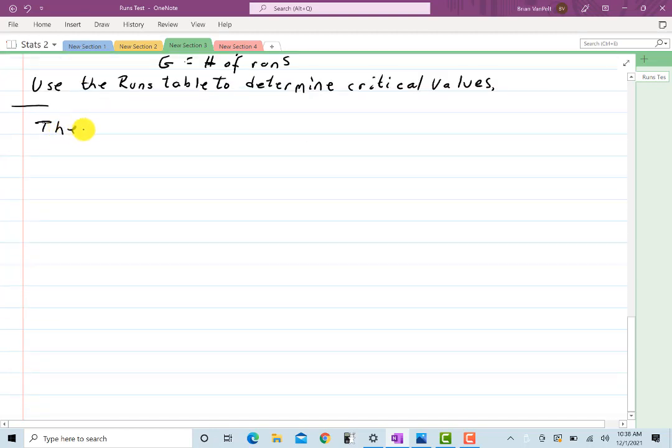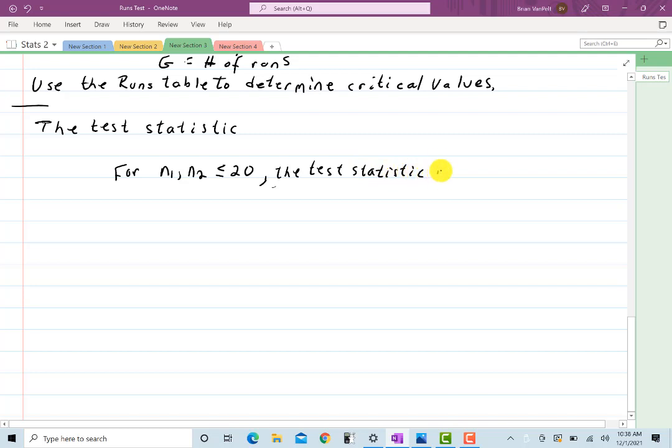The test statistic is complicated only because we have two different cases. For n sub 1 and n sub 2 less than or equal to 20, the test statistic is G, which equals the number of runs.